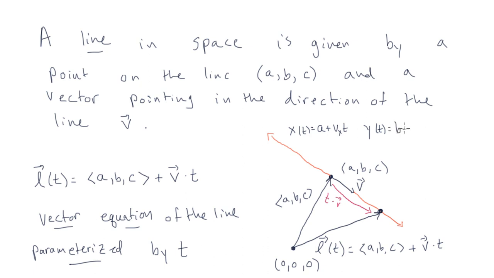This is going to be b plus b_y t, and then the z component will be c plus b_z t. And this is called the parametric equation of the line. And it's really the same thing as the vector equation. It's just sort of broken up into 3 different coordinate functions.